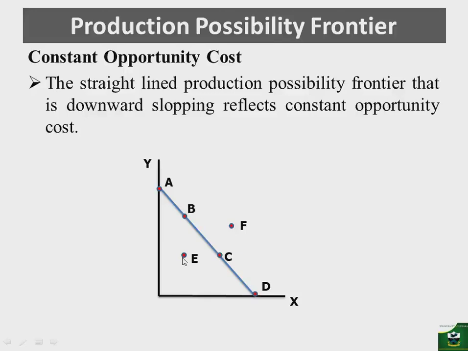They are attainable but inefficient. Points A, B, C, and D are efficient and they are attainable since they are on the production frontier. And points such as point F, which is outside the production possibility frontier, are unattainable given the resources and the technology.